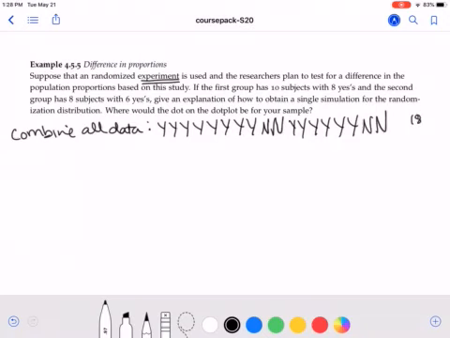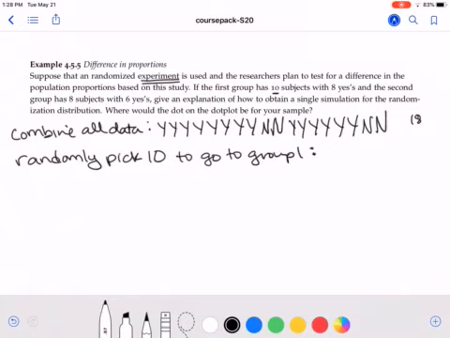What we're going to do then is randomly pick some of these to go to group 1. So we're going to randomly pick 10 to go to group 1 because we started with 10 there. So the computer says out of these yeses and no's that we have here, randomly grab 10 of them to go to group 1.